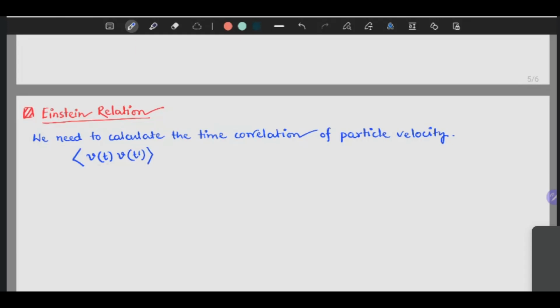So this is like the time correlation of velocity at a certain time and velocity at a different time. So we need to calculate this.